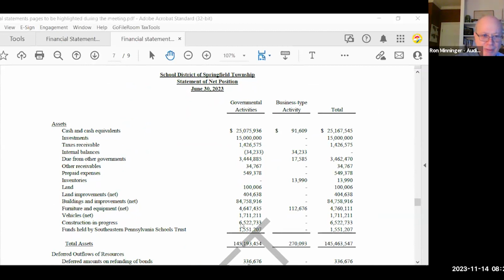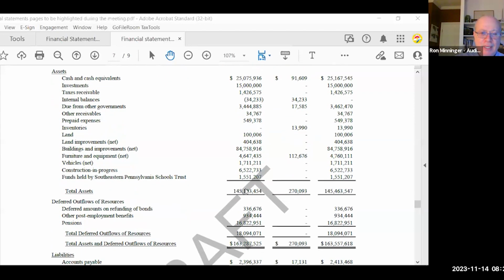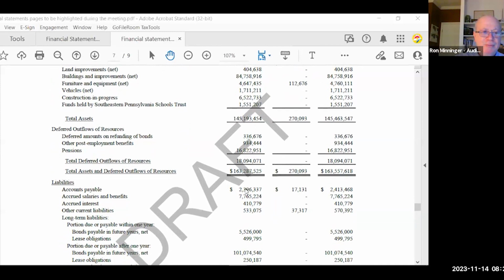You can see right here, land, buildings, other capital assets. We have construction in progress as of June 30th. We have funds held by CPAST right here, $1.5 million, which is not shown in the fund financial statements.